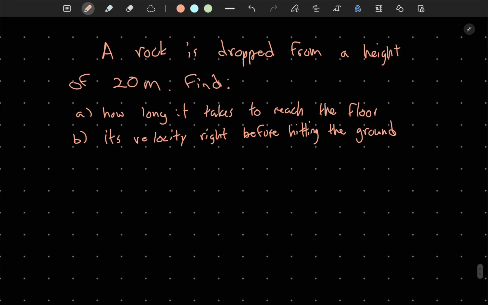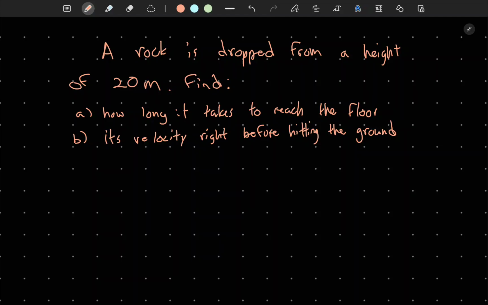Well, the first thing to note is that gravity accelerates all objects at the same acceleration. If you remember that famous experiment, if you drop a bowling ball and a feather in a vacuum chamber, since there's no air resistance, they'll both hit the bottom at the same time. The acceleration experienced by objects due to gravity does not depend on their mass.